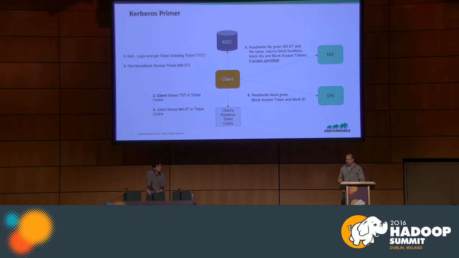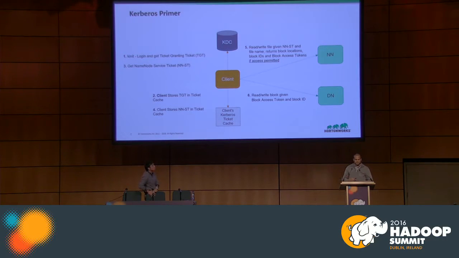When you're trying to access a service, for example the name node, before you get to the service you need to have the name node service ticket. Kerberos libraries under the cover get it for you if you have access to it. Then when you're trying to access the name node, there is another type of token used in Hadoop called a delegation token. There are 2 flavors of it, one used for HDFS, the other for Yarn.